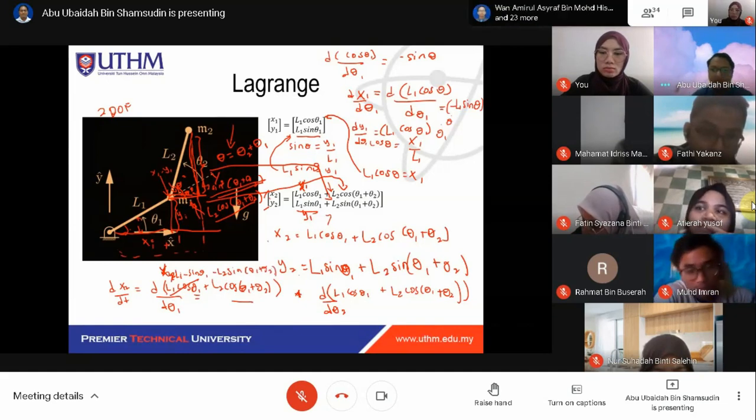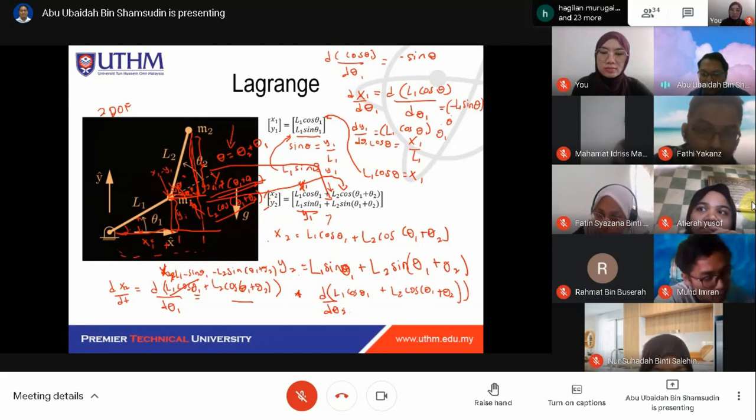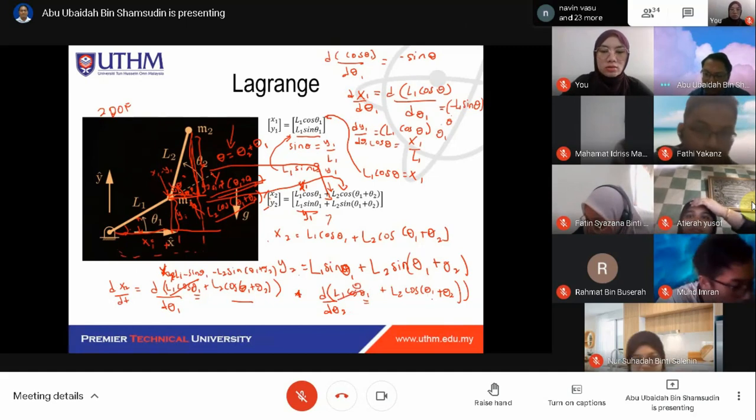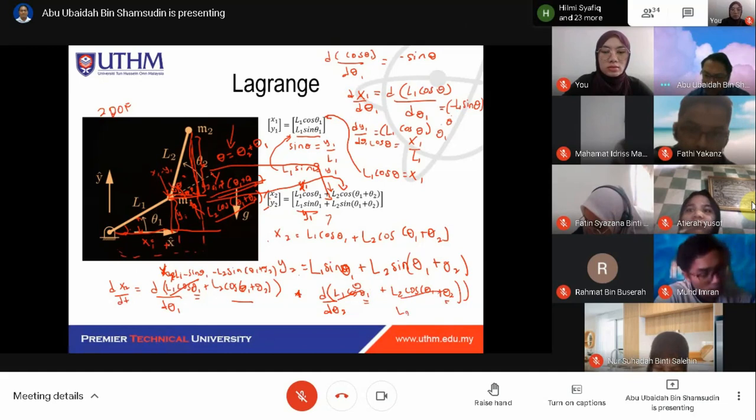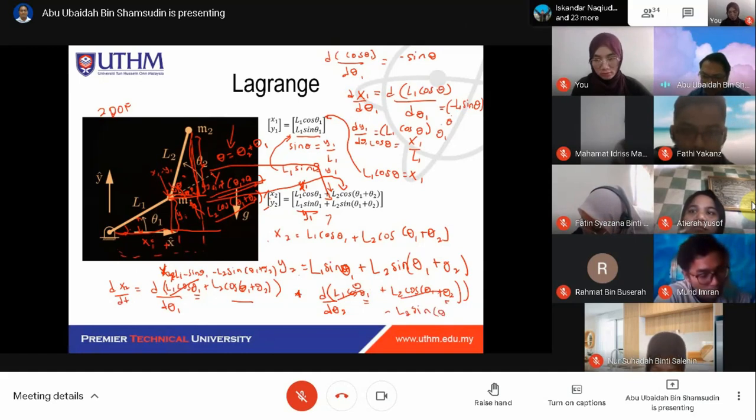Next one, we want to differentiate with theta 2. Do we have theta 2 on this part here? This is theta 1, so we don't have it, so this will become 0. Do we have theta 2 here? Yes. So this will become negative sine (theta 1 plus theta 2).